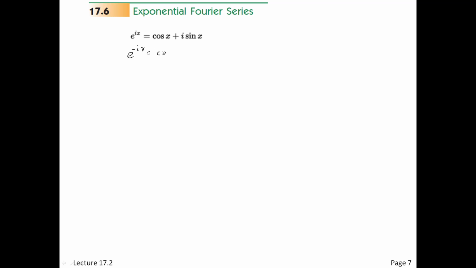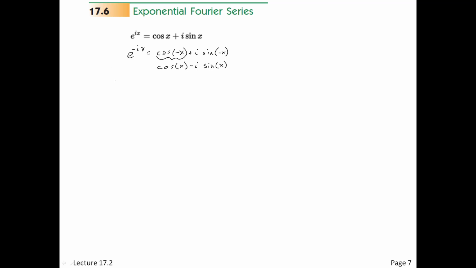So this is cosine of minus x plus I sine of minus x. And the cosine of minus x is the cosine of x. And the sine of minus x is minus the sine of x. Minus I sine of x.